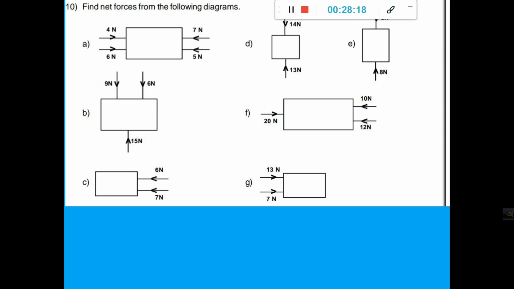This type of question will come in your Edexcel IGCSE physics, Cambridge IGCSE physics, or AQA O-level physics. So practice all the questions A, B, C, D, E, F, G. Try yourself.